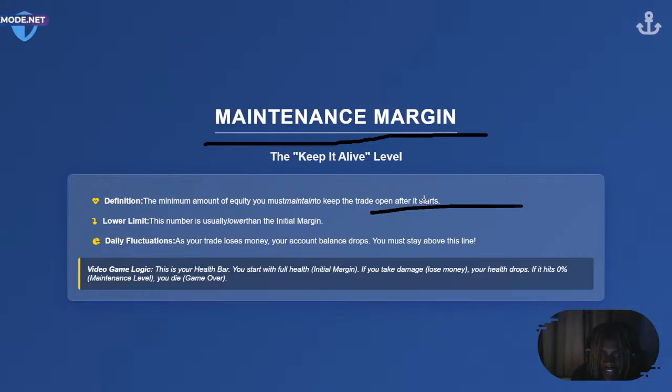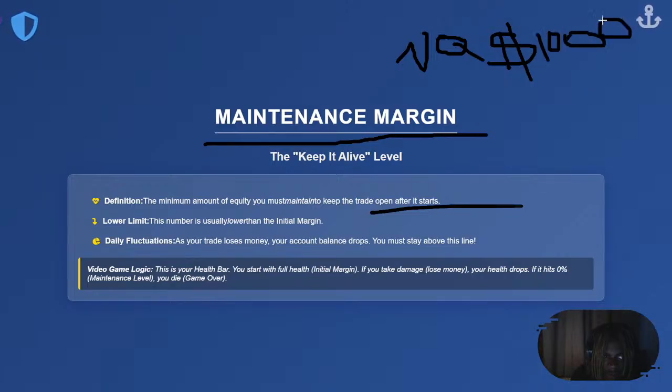So keep in mind, even while you are in a trade, your account balance will fluctuate, and it still matters. If your account fluctuates underneath a certain amount that whatever you're trading requires, then your account will be liquidated. Let's say you're trading the NASDAQ, the NQ futures, on Trade of 8 as of 2025.